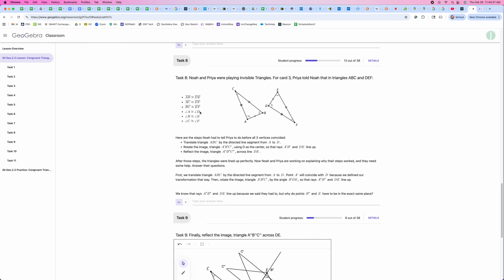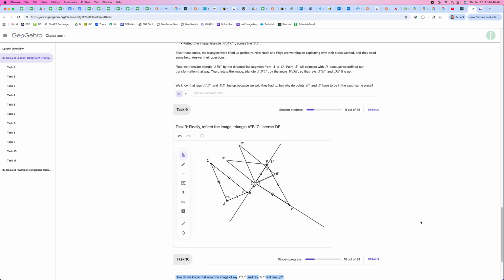Oh yeah, right there, it says angle A is congruent to angle D. And it means that when we reflect this, point C has to land somewhere on this ray, somewhere along this edge. C triple prime has to land somewhere along that edge.